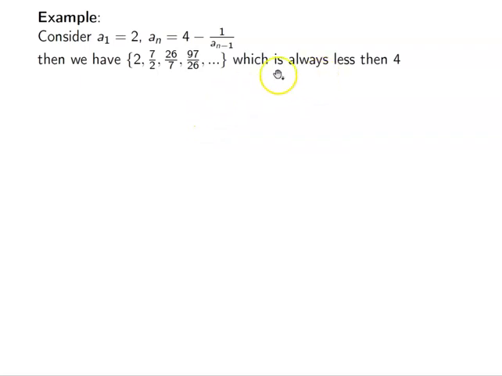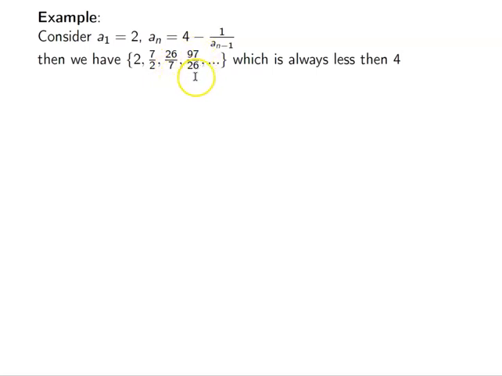So these terms are always less than 4 because the way that I find my terms is by taking the previous term and subtracting it from 4, right? So 7 halves is 3 and a half. 26 over 7 is less than 4 because I had to subtract something away from 4, right? 28 over 7 would be 4.